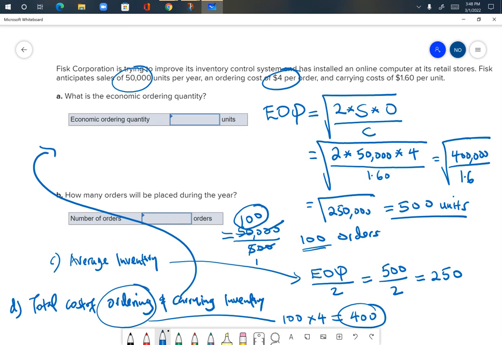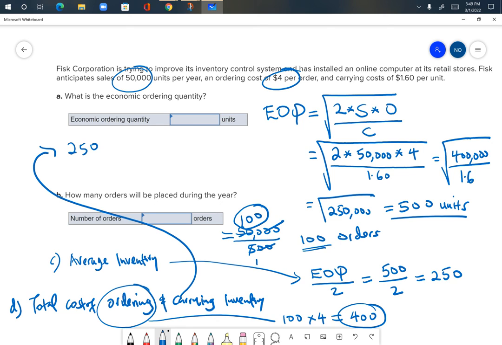So you're going to look at your average inventory, which is 250, times $1.60, and that will give you how much?